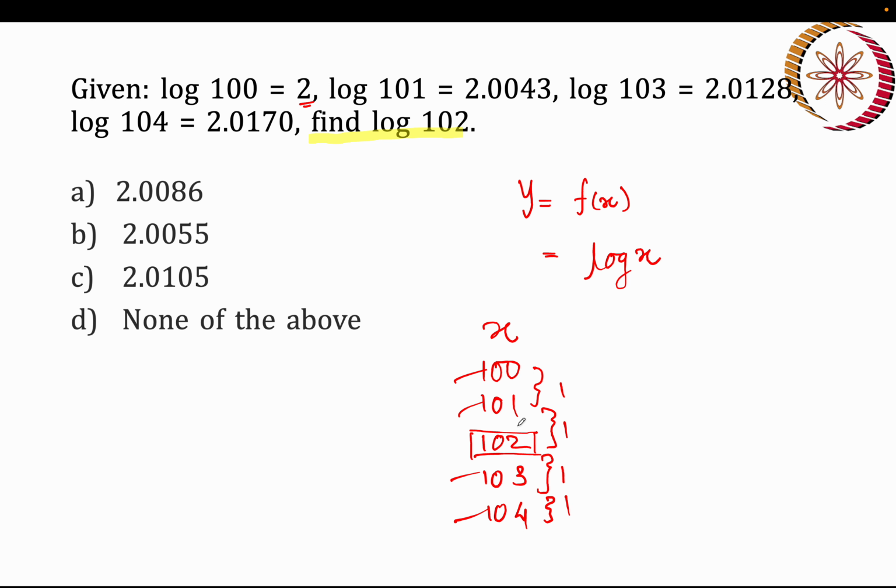So these values are uniformly spaced. There are four values which are given at 100, 101, 103 and 104. So there are four values, so we can write an equation or some polynomial that will have four constants.